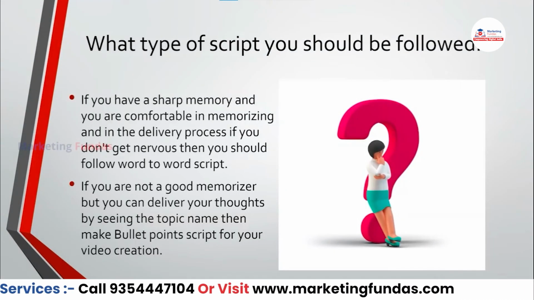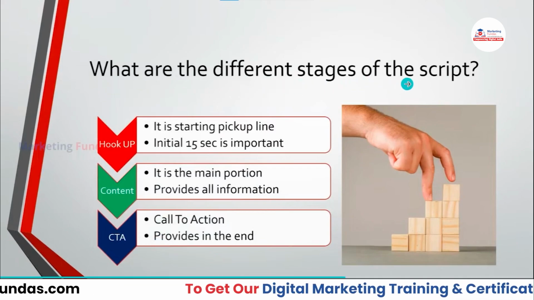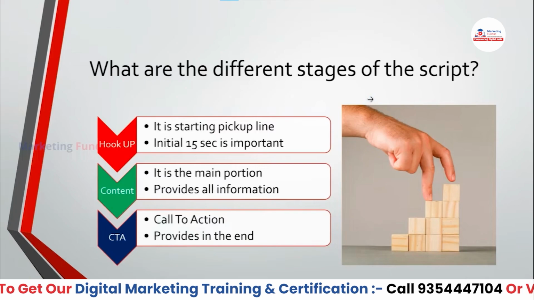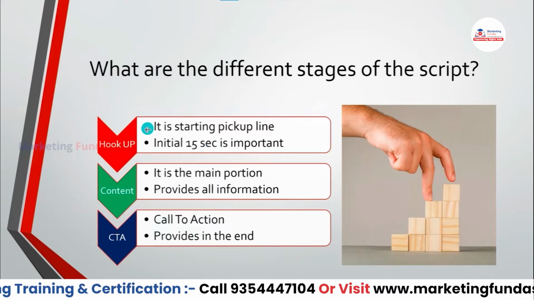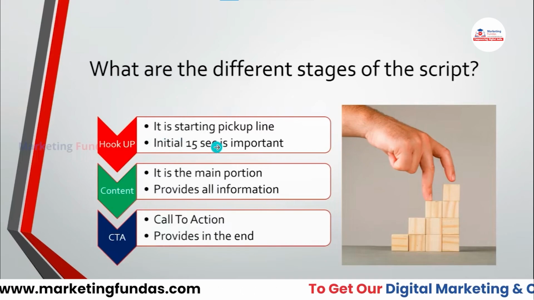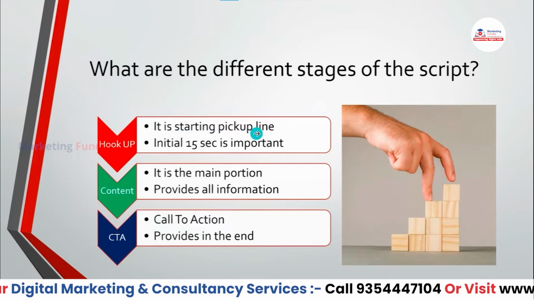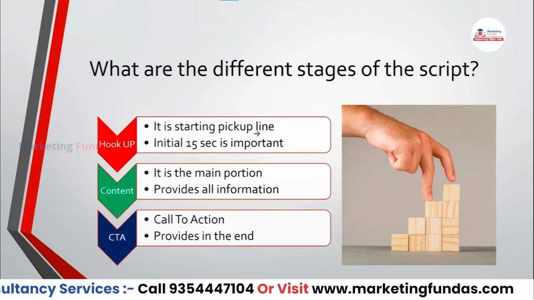Now let's go to the next slide, which is the different stages of the script. So mainly there are three stages in any script. The first one is the hook line, which is mainly the first 15 seconds of your video, right? Here I have mentioned it is the starting pickup line which helps your users get hooked with your video.